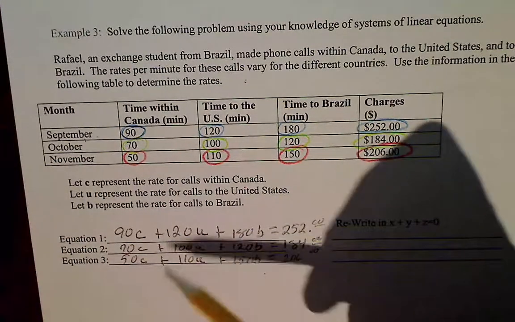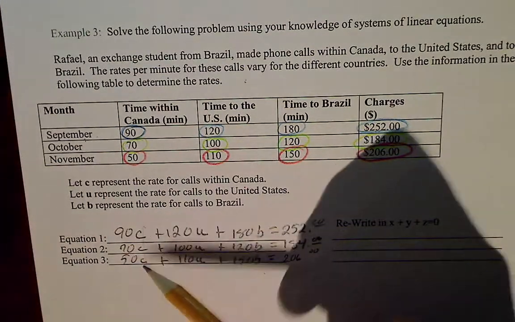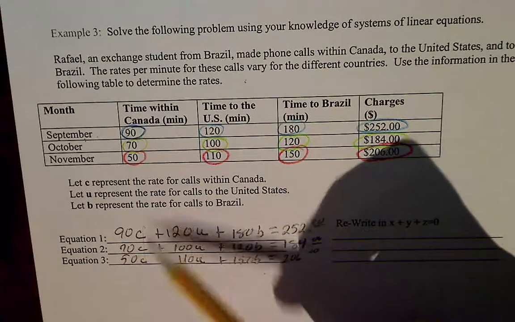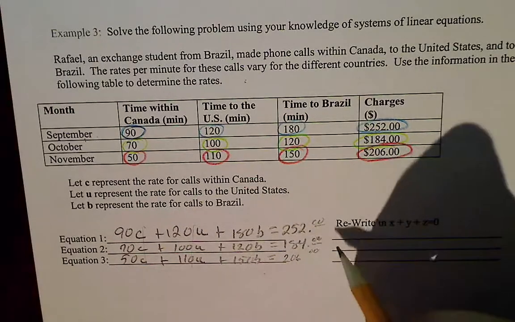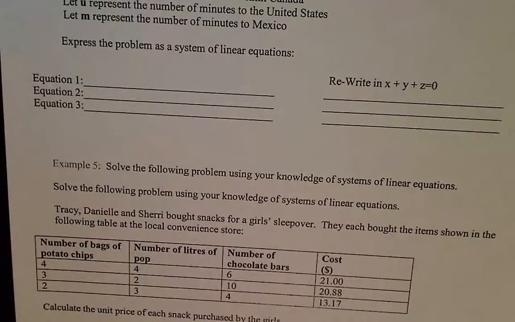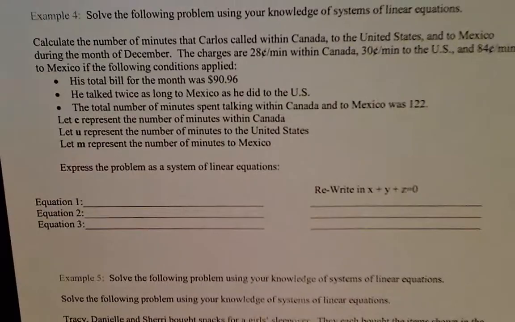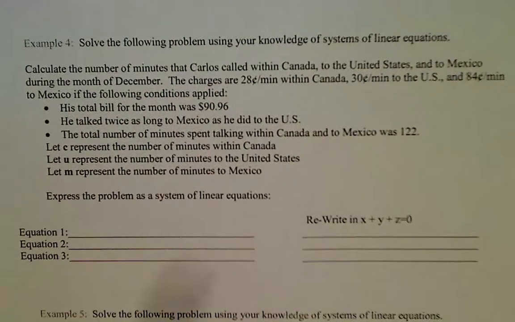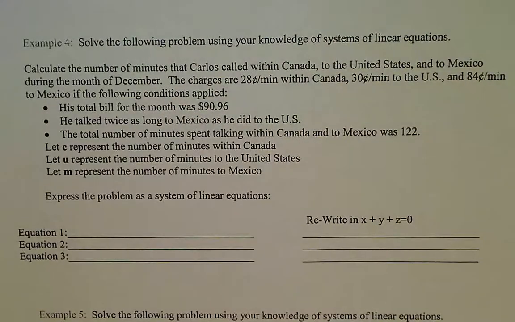And the most important part is, have I written this correctly, where this is C, U, and B, or my x, y, z? And it is, so I'm not going to rewrite anything because this is in the correct format already. All right. So look at this one, try this one. I'll be back in a second to see if you get what I get. And yeah, we'll go from there.